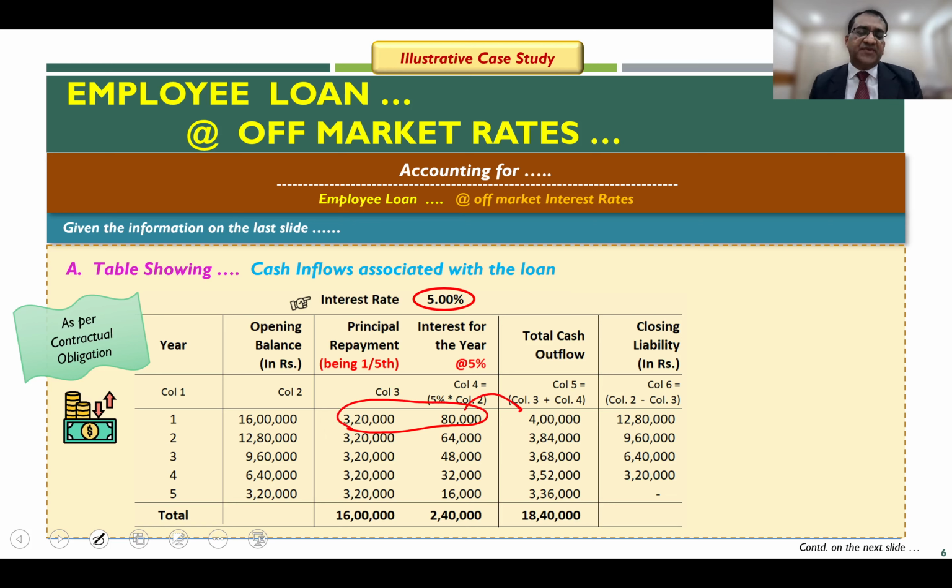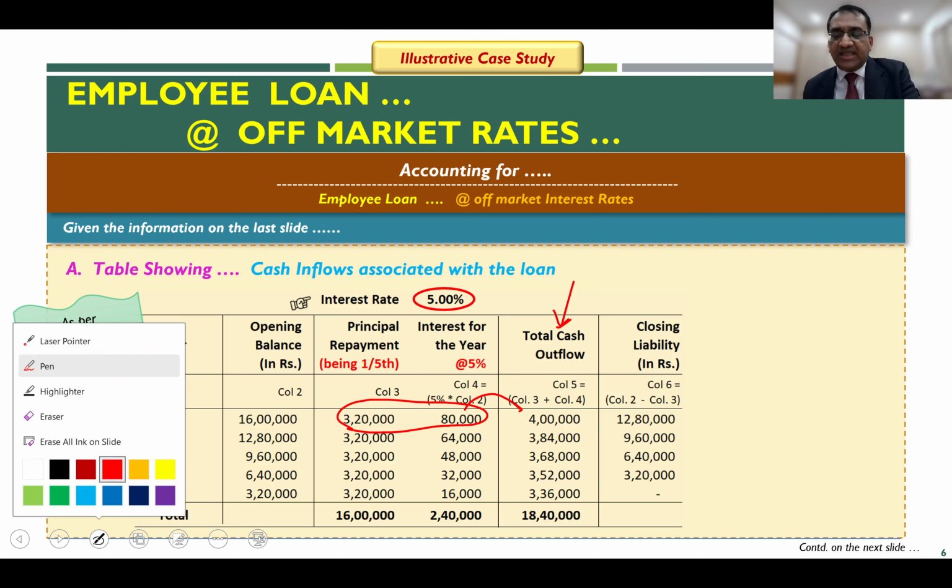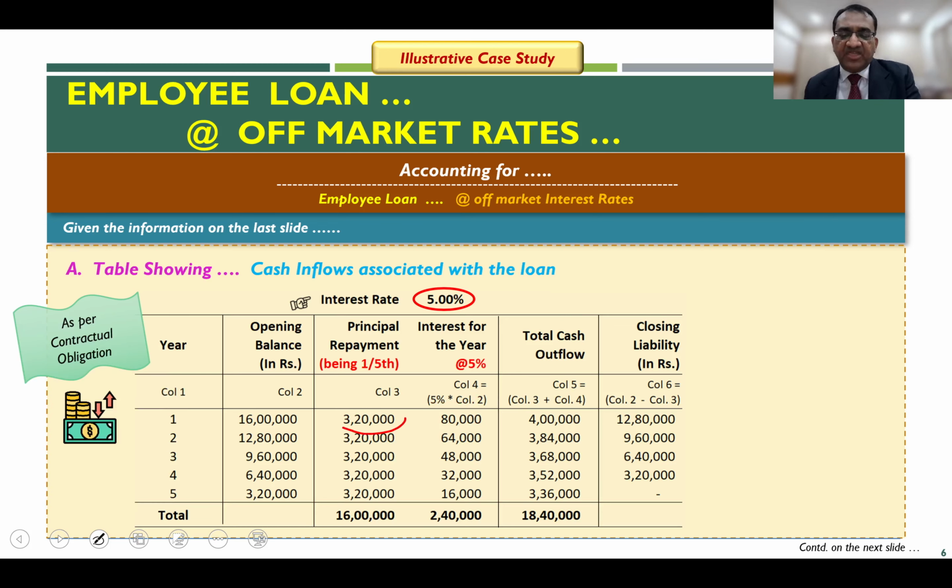The sum total of 320 and 80 is captured in column number 5, which is 4 lakh, your total cash outflow. Now, out of this 4 lakh, the principal repayment is only 320. And therefore, what would be your closing principal? 16 lakh minus 320 means 12,80,000 would be your closing loan liability.